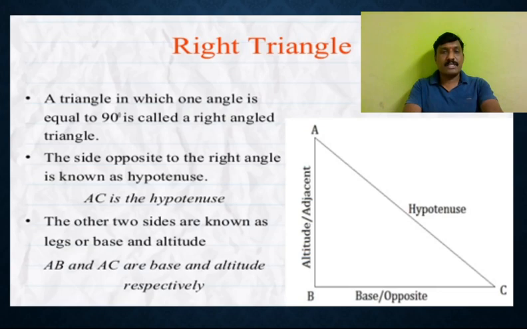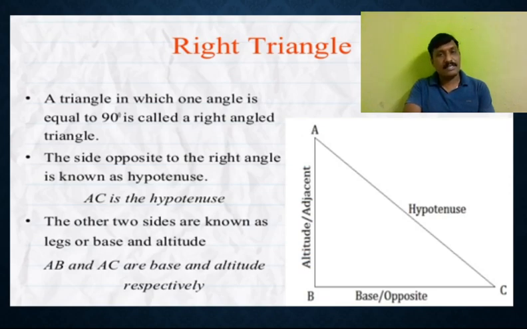The two sides which are adjacent to 90 degrees are called the base and altitude. Mutually we can say this is the base and this will become the altitude. Generally we call them the legs of the right angled triangle. Namely, AC is the hypotenuse, AB and BC are the base and altitude respectively. It is not compulsory that this is the altitude.